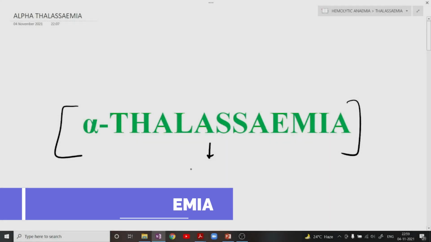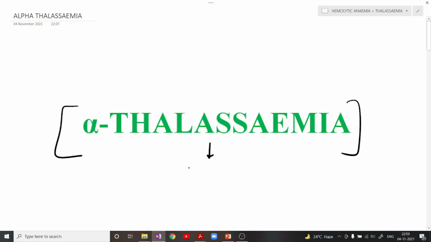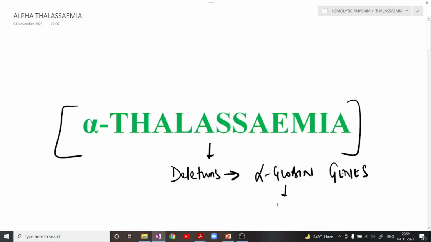As we understand, alpha thalassemia occurs because of deletions in the alpha globin genes, which are present on chromosome number 16.